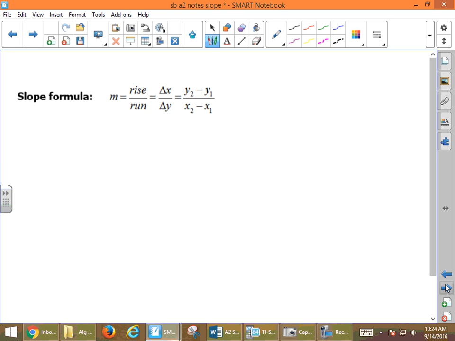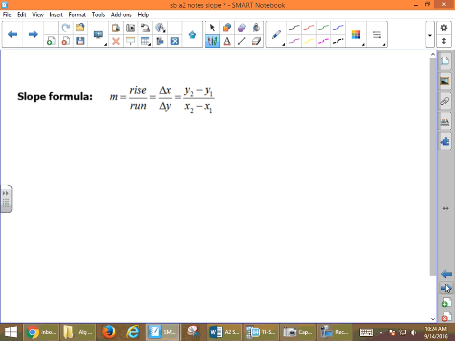Slope formula now. Well, again, slope is defined as rise over run. We graphed a line last week, and we had to know that the definition of slope is rise over run. It can also be written as delta y over delta x. That triangle stands for the Greek letter delta.